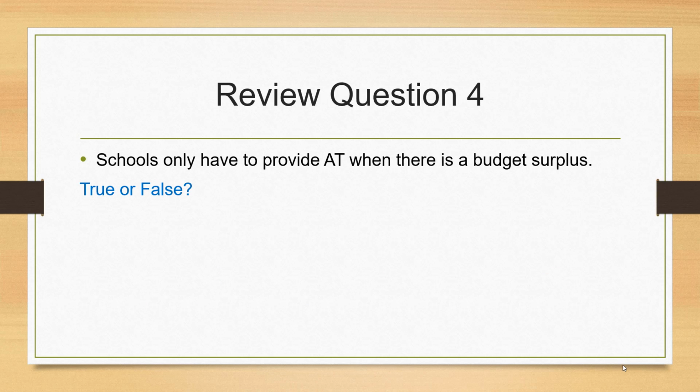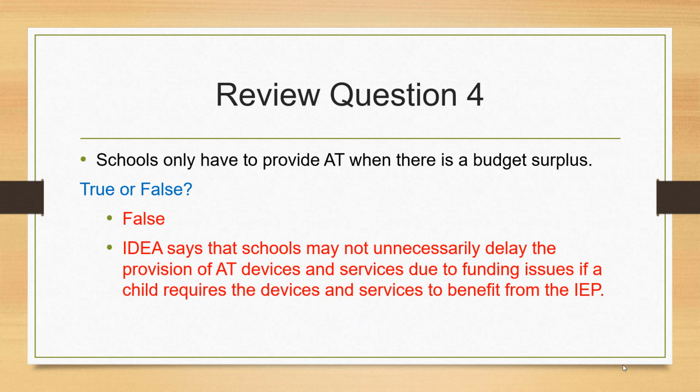Review question 4. Schools only have to provide AT when there is a budget surplus. True or false? This is false. IDEA says that schools may not unnecessarily delay the provision of AT devices and services due to funding issues if a child requires the devices and services to benefit from the IEP.